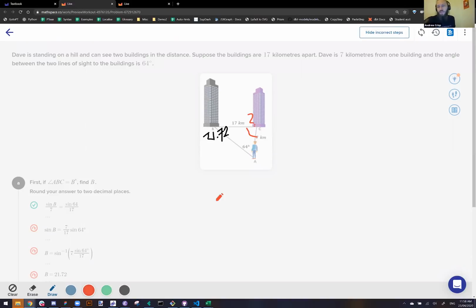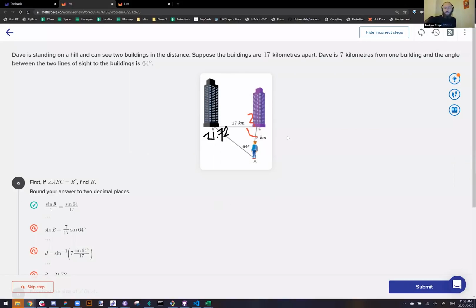I can't use the sine rule, but what I can do is use the fact that these angles are always going to add up to 180 degrees because it's a triangle. That's true no matter what kind of triangle you are. So if I have 180 degrees and take away these 2 angles, I'll find the answer for this one up here. Okay, so let's do that.